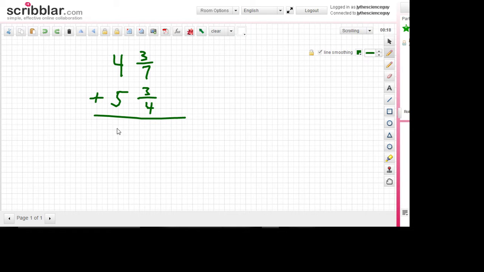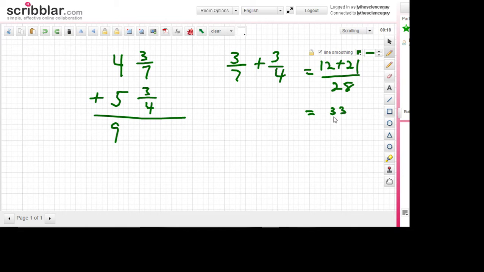I add those two numbers. What do you get? 9. And then I'm going to do the fraction part separate. So we're looking at 28. That would be 12 and 21. So it'd be 33 over 28. Now I'm making a mixed number.